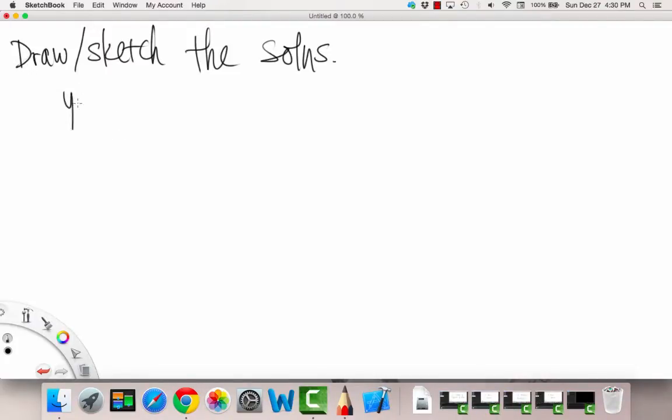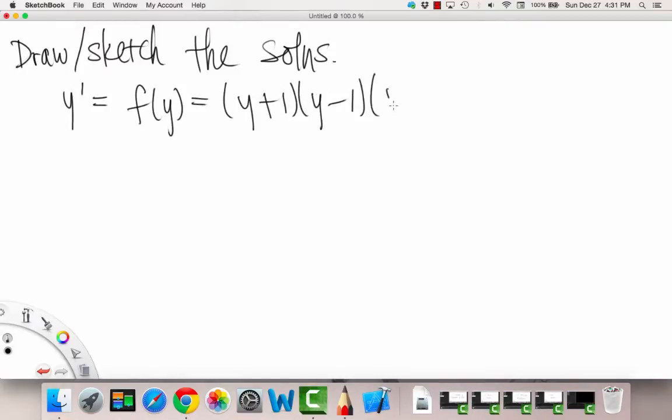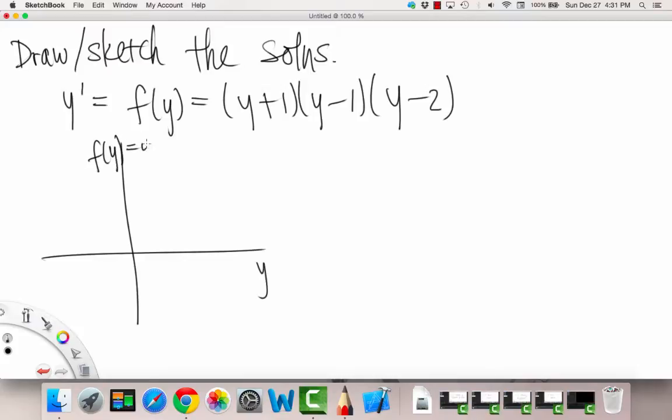Again, here is our equation: y prime is equal to f of y, which is equal to (y plus 1)(y minus 1)(y minus 2). I'm just going to redraw really quickly our f of y, which is y prime, versus y graph. We had -1, +1, +2, and our graph looked like this.